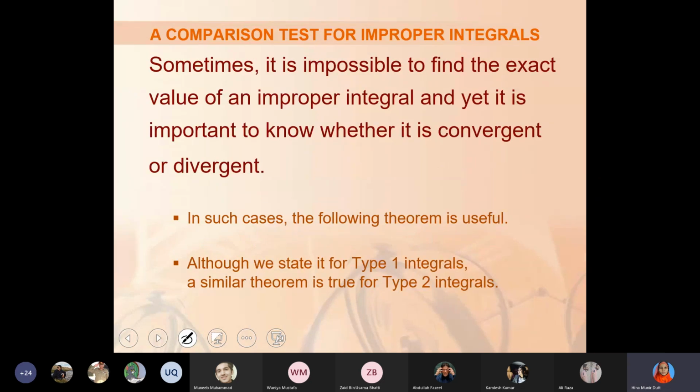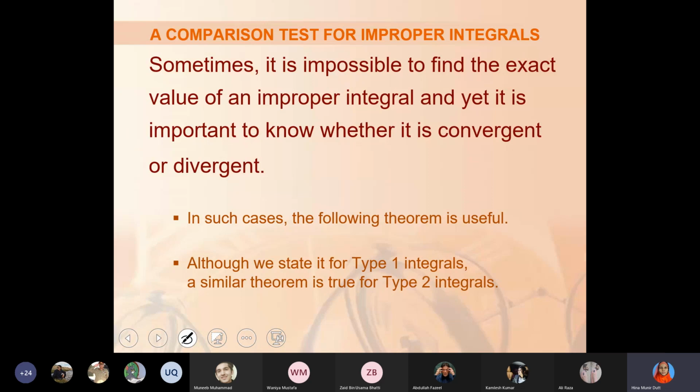Sometimes it is impossible to find the exact value of an improper integral, and yet it is important to know whether it is convergent or divergent, because sometimes we don't need to actually find the exact value.